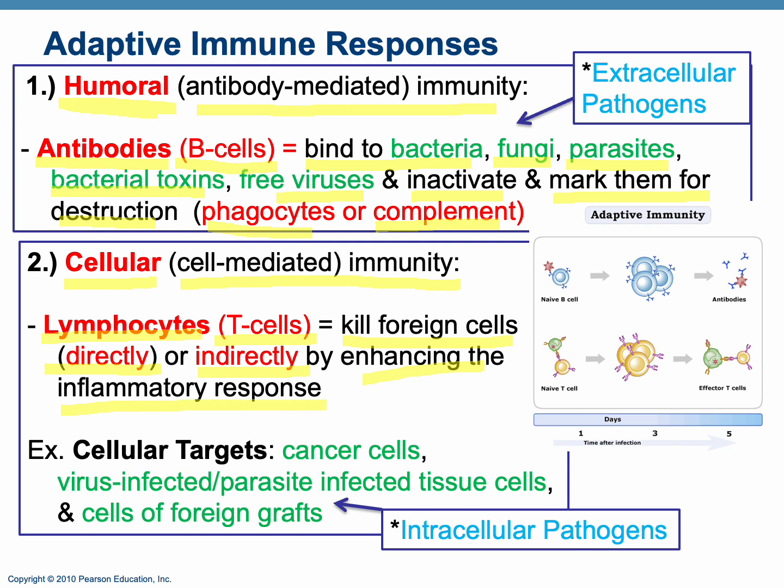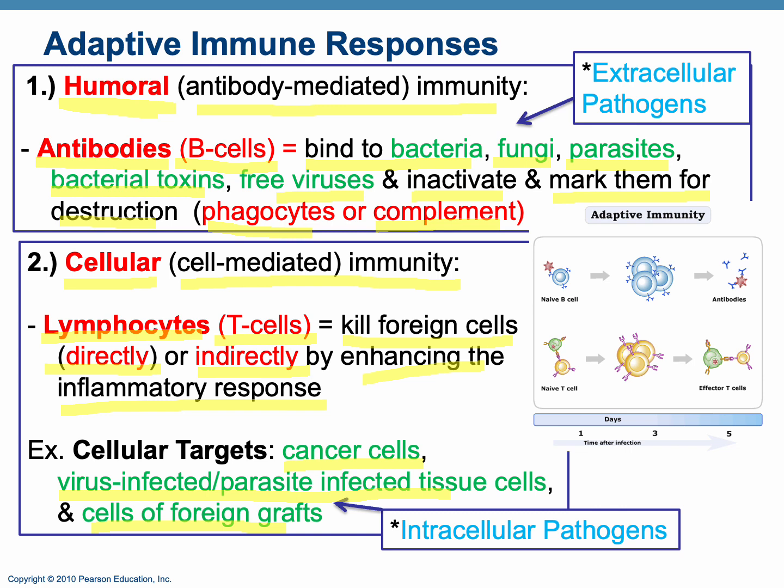And here we're looking at actual intracellular pathogens. So some of the targets here would be cancer cells. They could go after maybe virus-infected or parasite-infected tissue cells, even cells of foreign grafts as well.